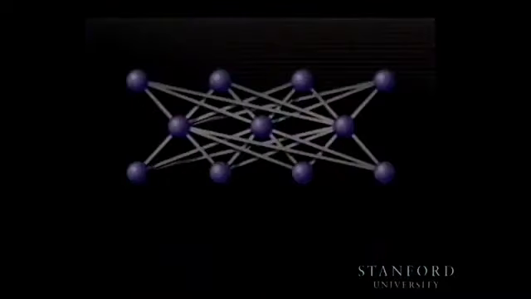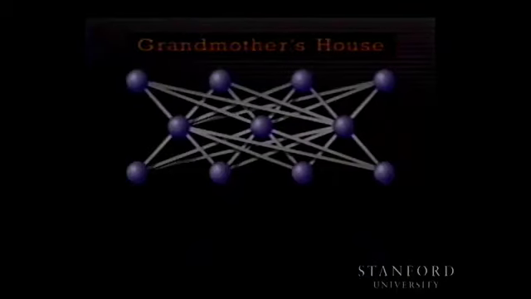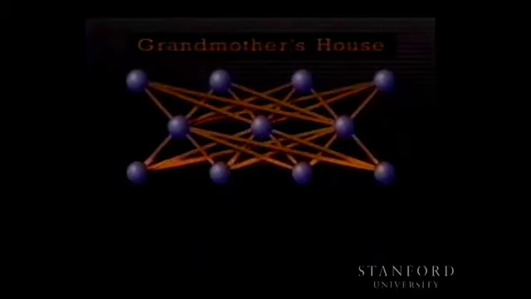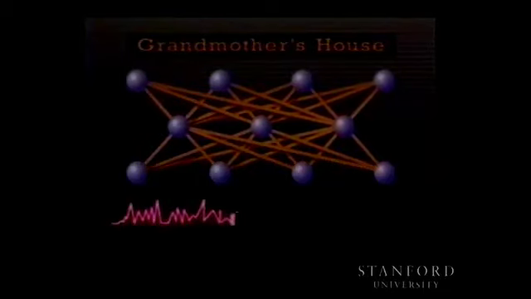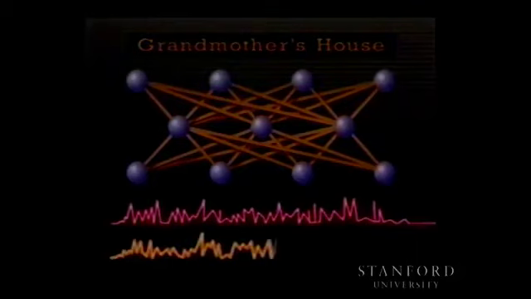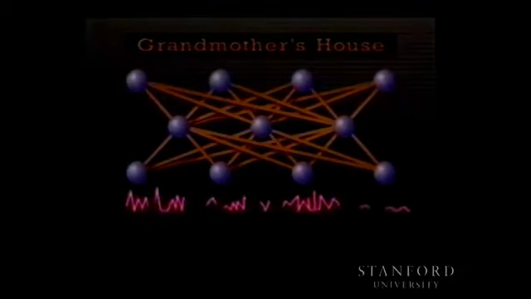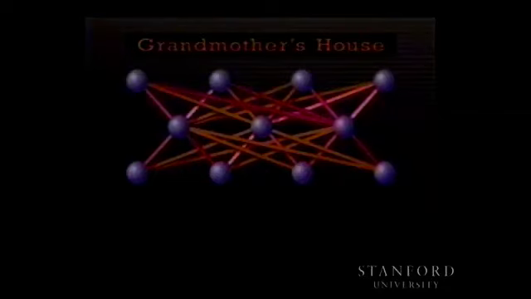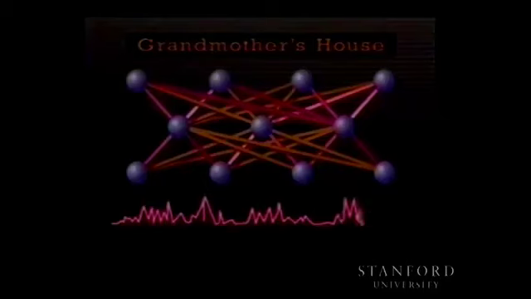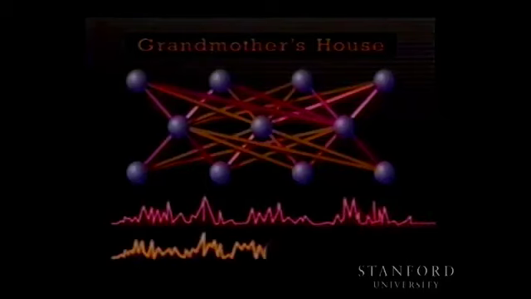The network takes the letters, say the phrase grandmother's house, and makes a random attempt at pronouncing it. Grandmother's house. The phonetic difference between the guess and the right pronunciation is sent back through the network. Grandmother's house.